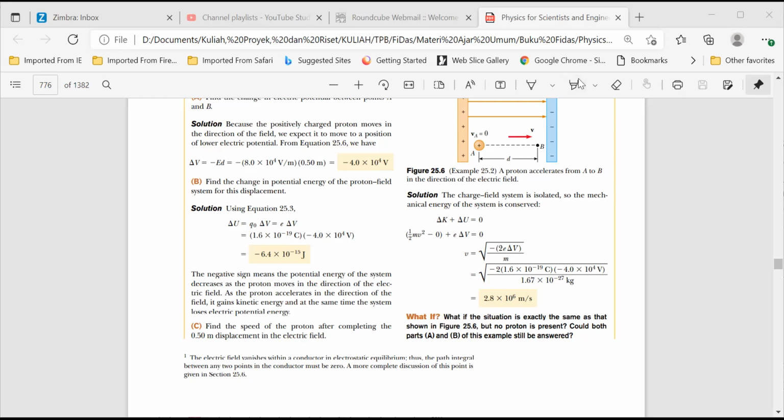Of course, no charge. And then what about delta V, or delta K, delta U? I agree with Dea. There will be no acceleration. Okay.